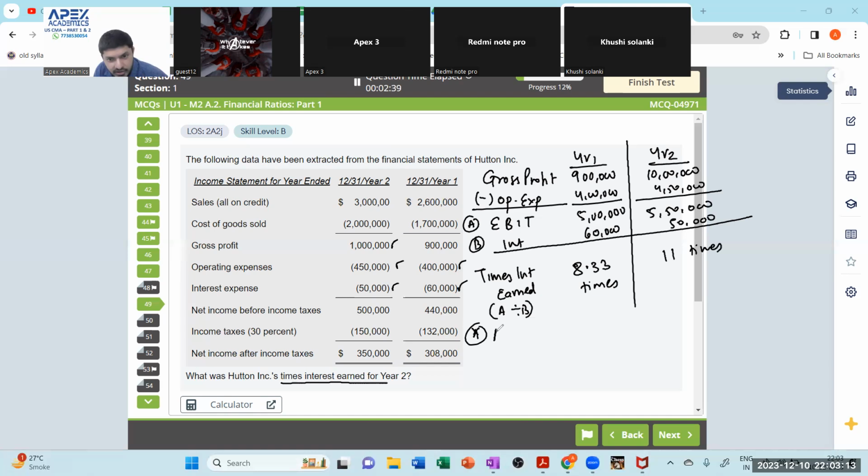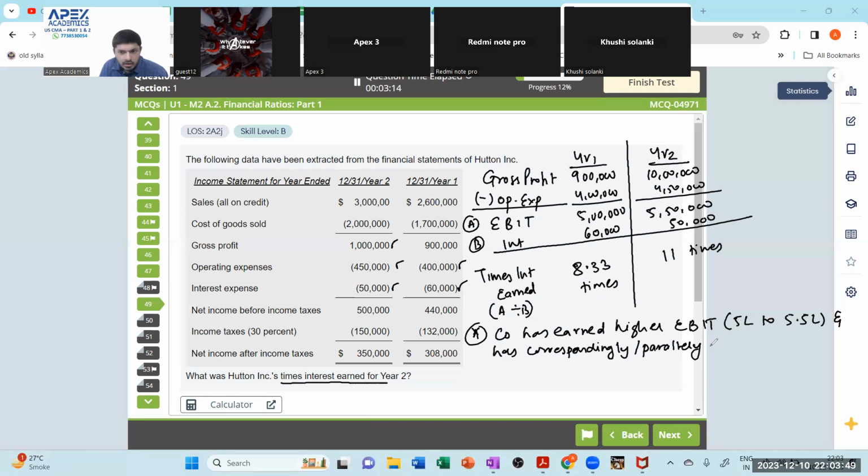My dear friends, notice my comments. Number one, the company has earned higher EBIT, correct? 5 lakhs to 5.5 lakhs, and has correspondingly, or parallelly, reduced its interest burden from 60,000 to 50,000.